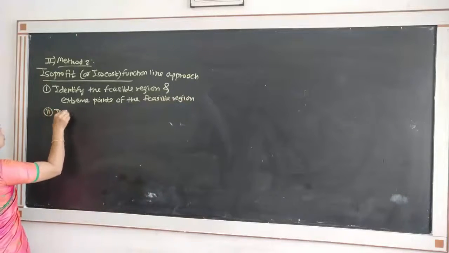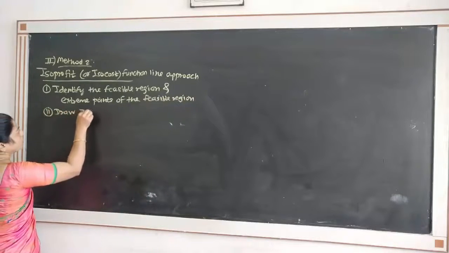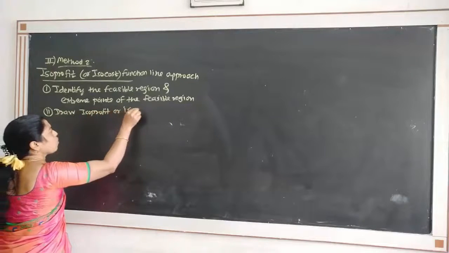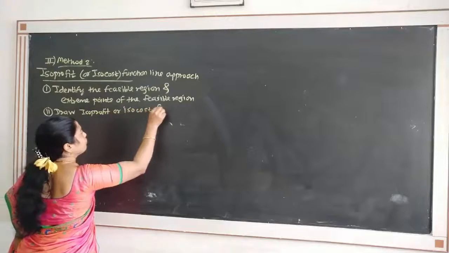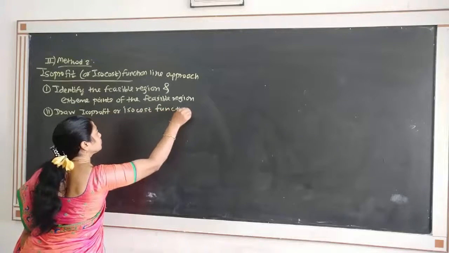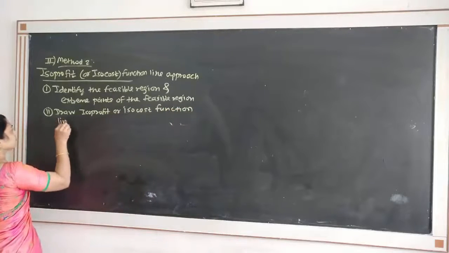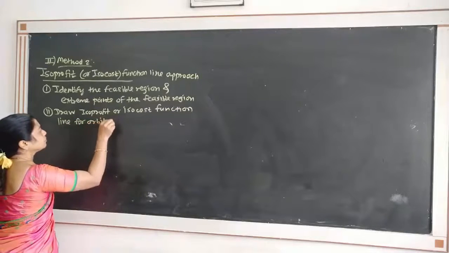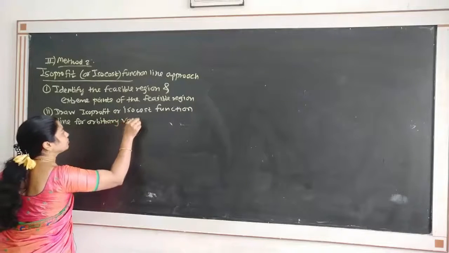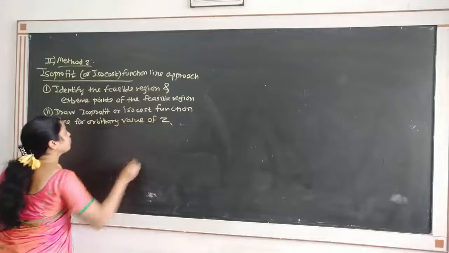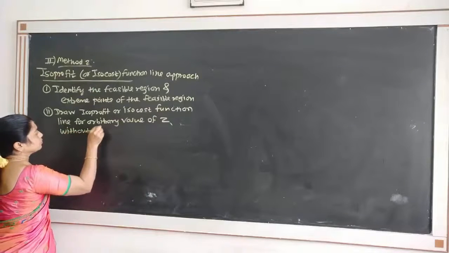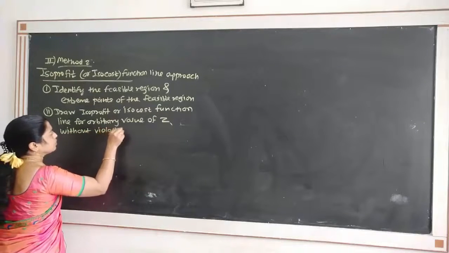Second, draw isoprofit or isocost function line for arbitrary value of z without violating the constraints.